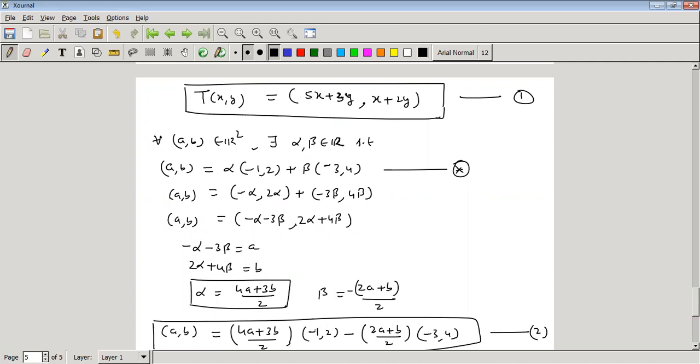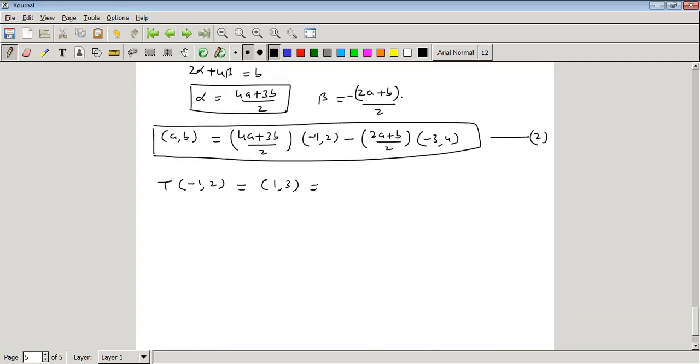Minus 5 plus 6 is 1, minus 1 plus 4 is 3. So we get (1, 3). And for (1, 3), using 2, it can be written as 13 by 2 into (minus 1, 2), since 4 plus 9 is 13, and minus (2 plus 3) by 2, that is minus 5 by 2, into (minus 3, 4).